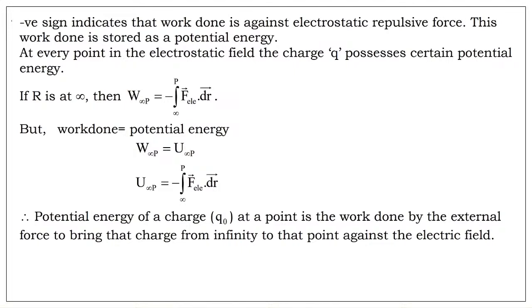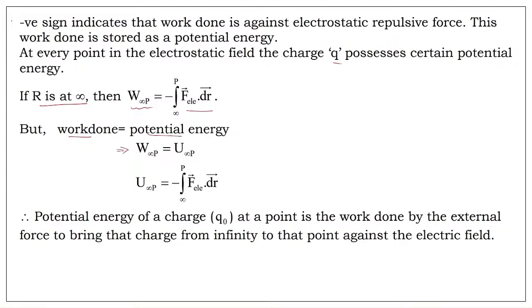This work done is stored as potential energy. At every point in the electrostatic field, the charge Q possesses certain potential energy. If R is at infinity, then W infinity P is equal to minus integration infinity to P of F electric into dr. But work done is equal to potential energy.